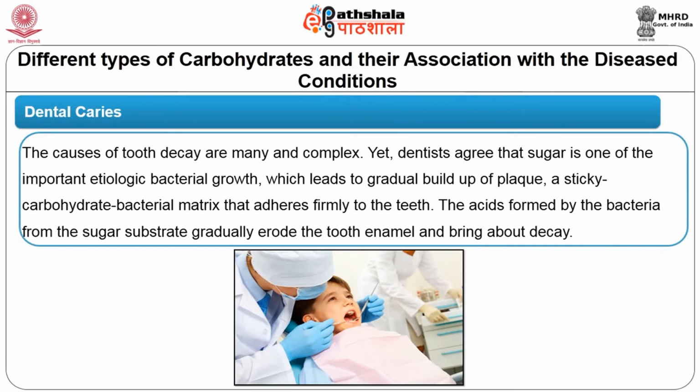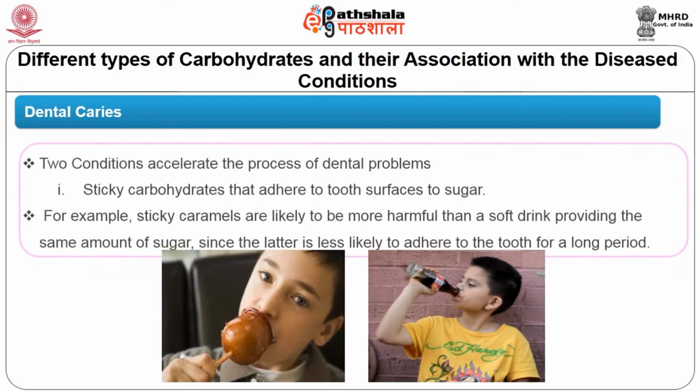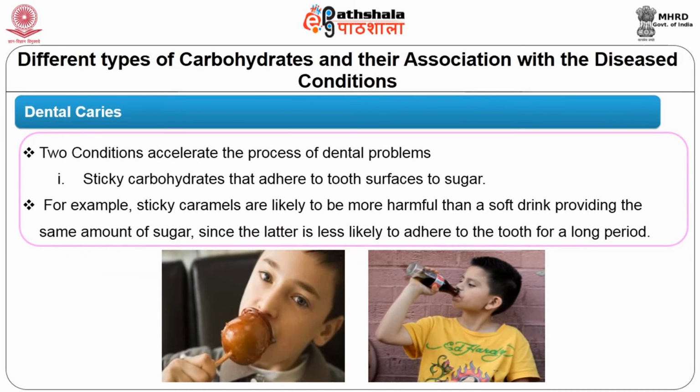The acid formed by the bacteria from the sugar substrate gradually erodes the tooth enamel and brings about decay. Two conditions accelerate the process of dental problems. One is the sticky carbohydrate that adheres to the tooth surface.